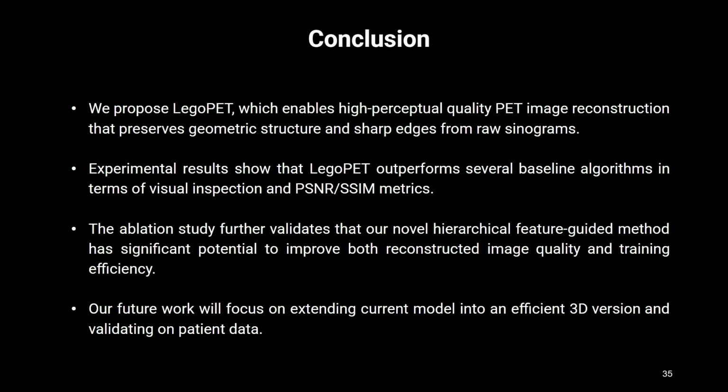So in summary, in this work, we propose the LogoPET, which enables high perceptual quality PET image reconstruction. And the experiment results show that our LogoPET outperforms several baseline algorithms in terms of visual inspection and PSNR and SSIM. And the ablation study further validates the effectiveness of our feature-guided module. And our future work will focus on extending the current method and validating on patient data.